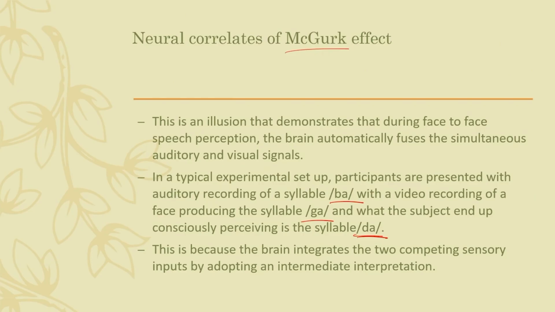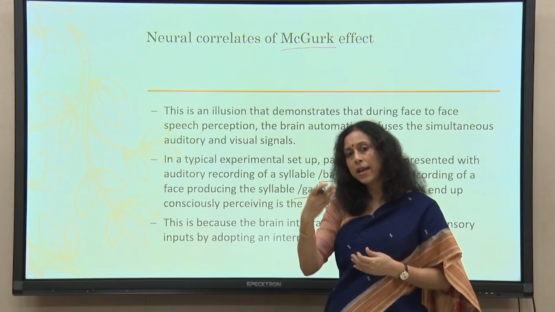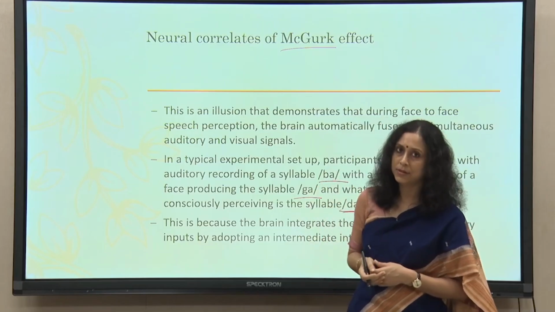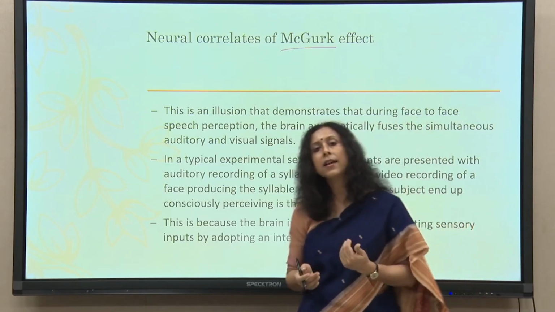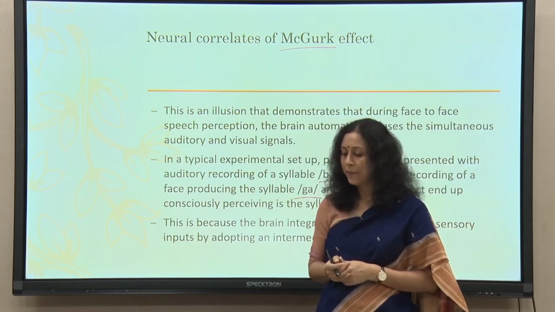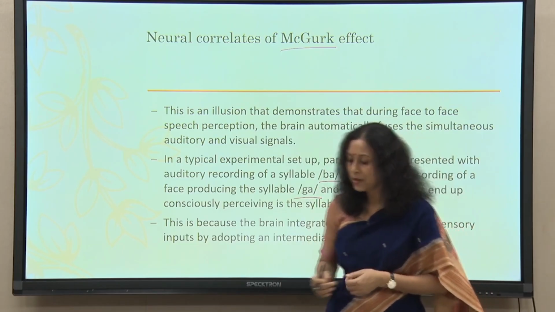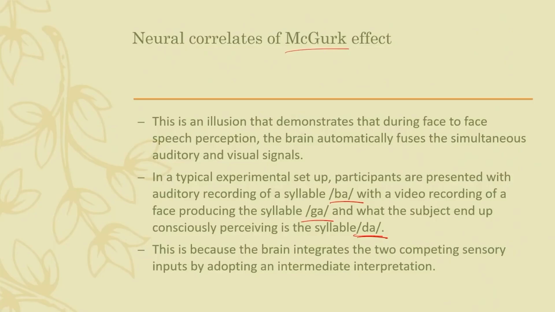channel, in the pathway where articulation takes place, ba is produced at the opening of the mouth, and ga is produced towards the back of the channel. So if this is how our vocal channel is, then ba is produced here, ga is produced here, and what the brain ultimately thinks it heard is something in between, da.